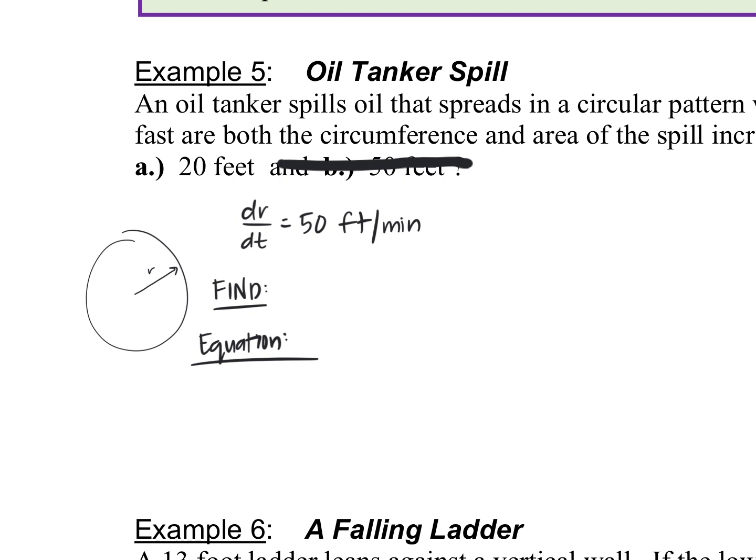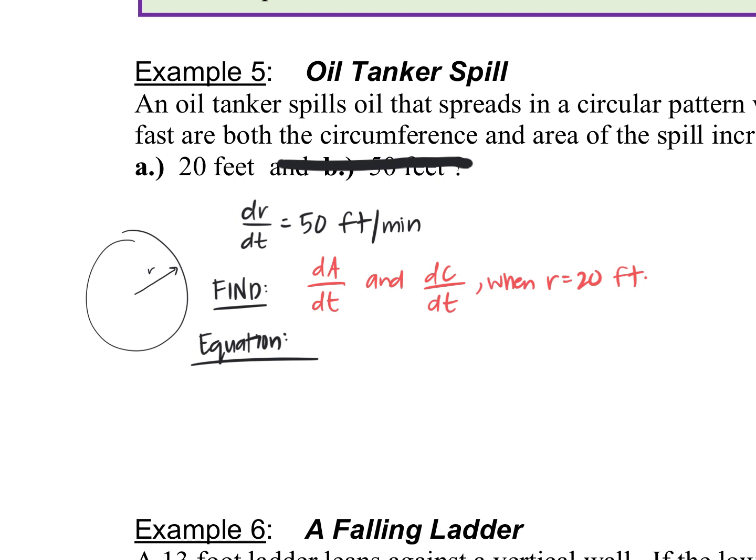We know that the rate at which the radius is increasing is 50 feet per minute. The question asks us to find how the circumference and area are increasing. So we're actually going to find dA/dt and dC/dt, specifically when our radius is 20 feet.